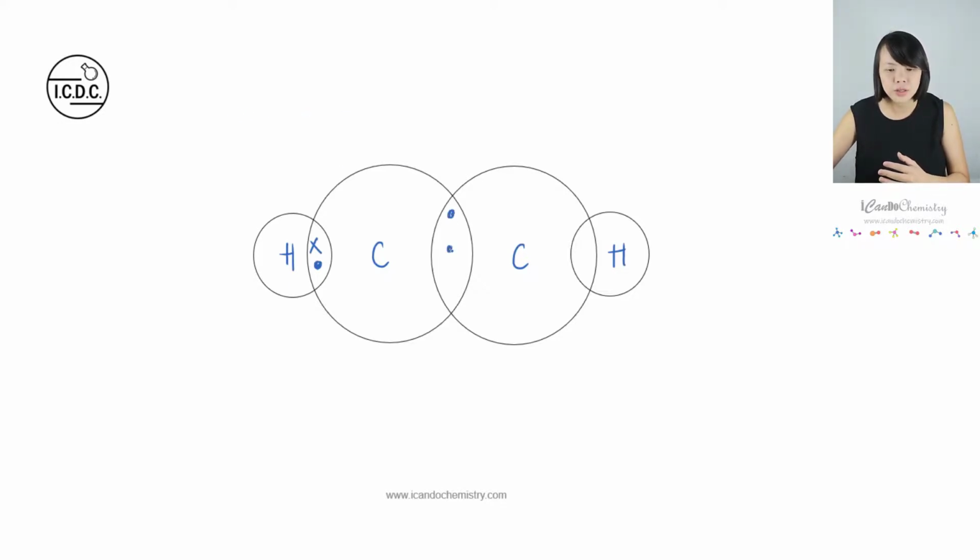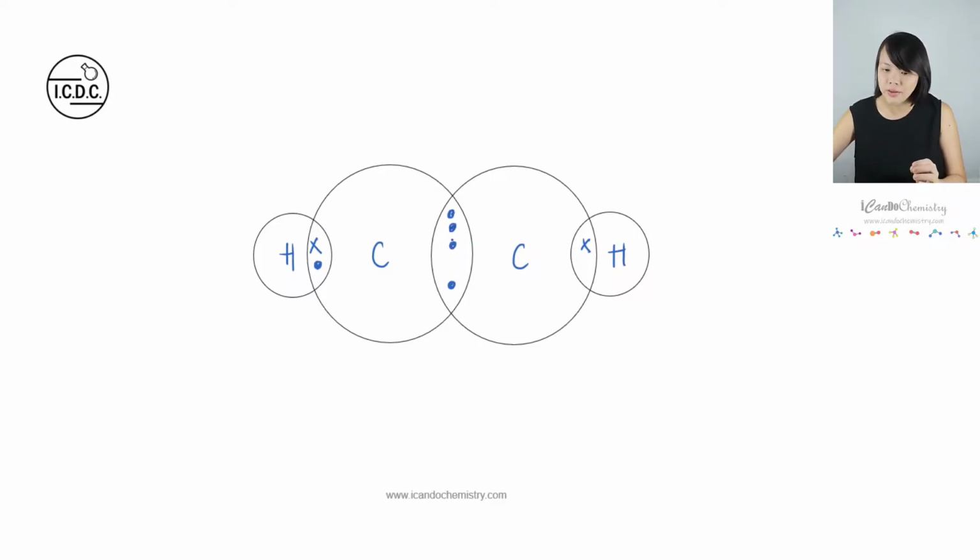So let's draw the remaining 3 electrons. Take note, carbon will use up all its 4 electrons for bonding. The other hydrogen also has 1 electron. So this particular carbon will be able to share only 1 electron with this hydrogen. For this carbon, it's just next to the other carbon, so it doesn't make sense for me to use a dot to represent its electrons.